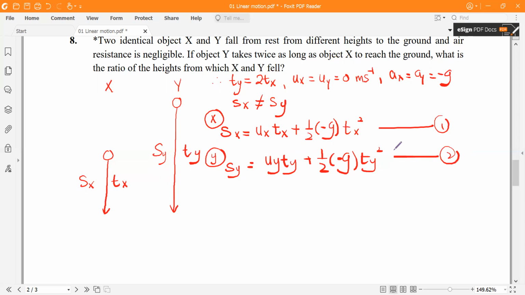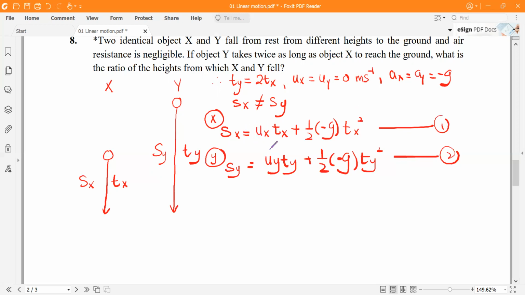Obviously we understand that Sy and Sx, because the displacement is downward, will have a negative. And on your right hand side there is also a negative, so eventually the negatives will cancel off. So you don't need to worry about the negative much.